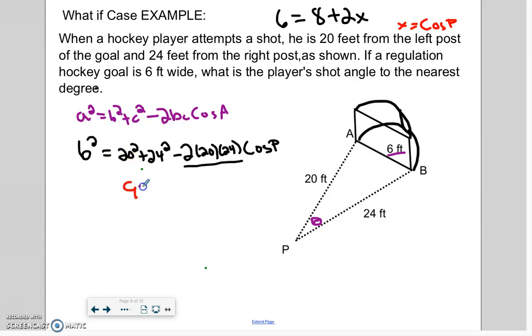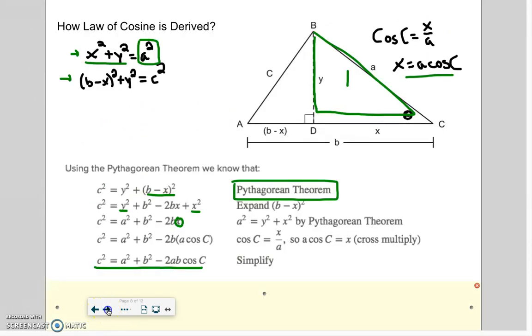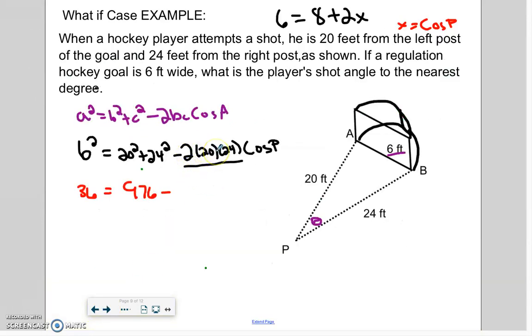So we got 36 is equal to 976 minus, sorry, I'm drawing a blank here, minus 2 times 20 times 24, which is 960, 960 cosine of P. Our goal right now is to get this isolated, treating it like an x.